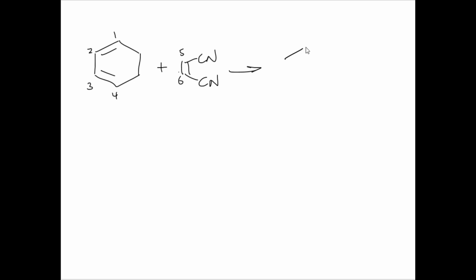So I'm going to form a 6-membered ring. Carbons 1, 2, 3, 4, and then 5 and 6. Double bond between carbons 2 and 3. Now what I have is two CH2 groups. So that means bold wedge, CH2, CH2, bold wedge. And then the CN groups would have to go on a dashed wedge to form the endo product.